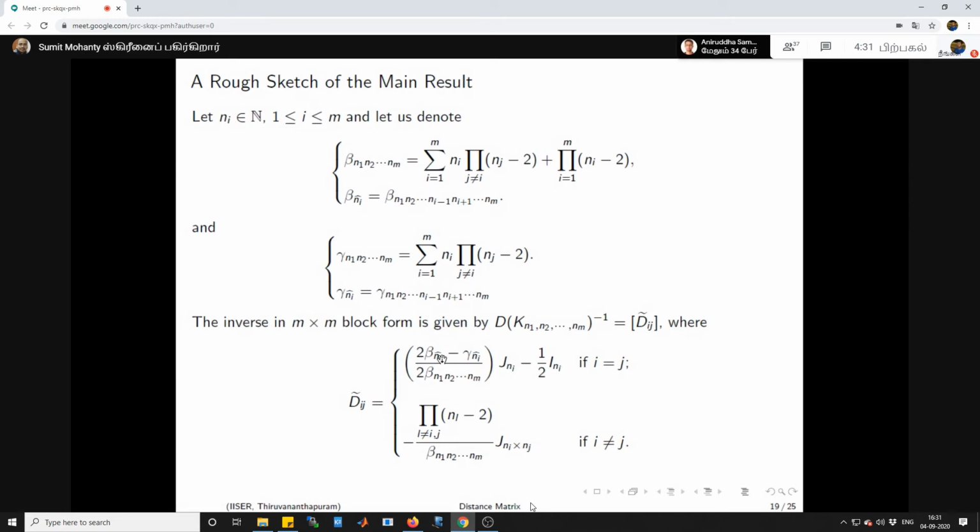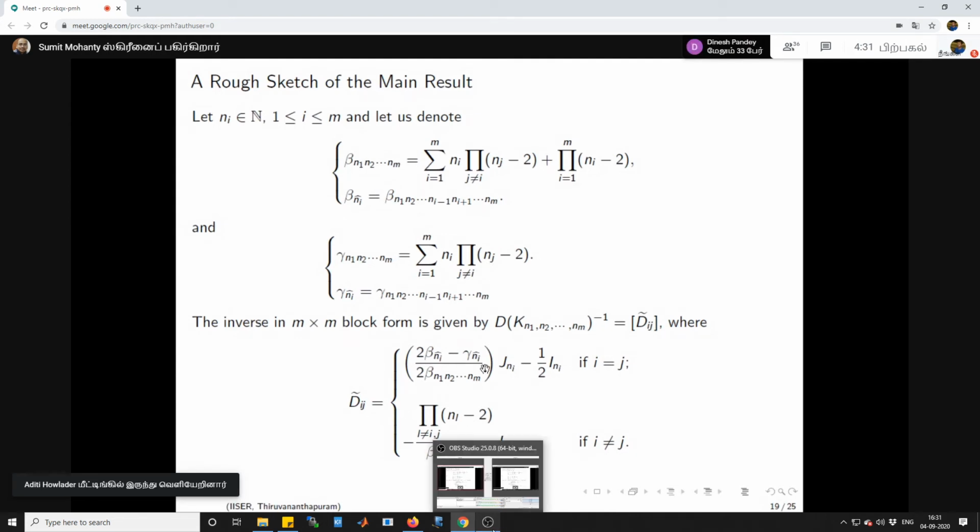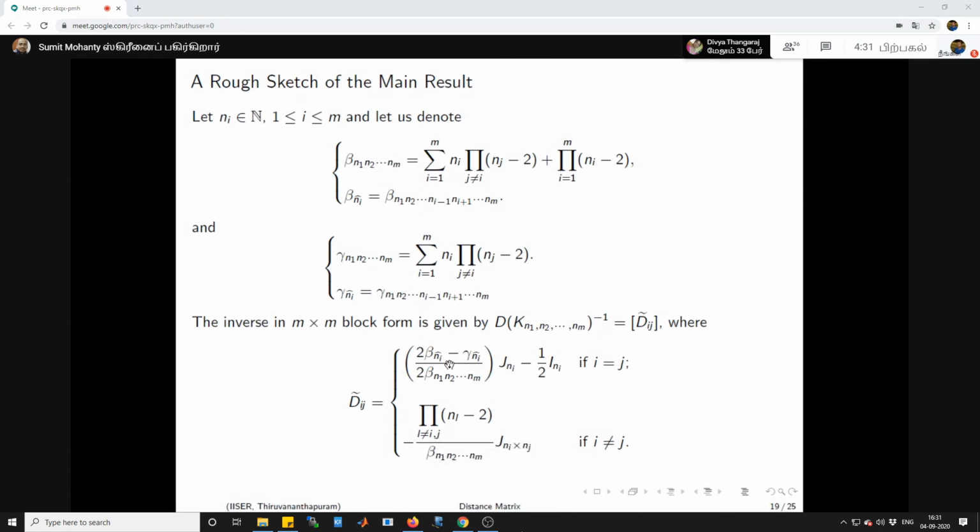In this case, we are not worried about whether the cofactor is 0 or not for this form. But for our requisite form, lambda g is selected in such a way that the cofactor is non-zero, because it is determinant by cofactor. But for this form, you don't need to be worried about whether the cofactor is 0 or not. And we compute this form using induction on m and the Schur complement.